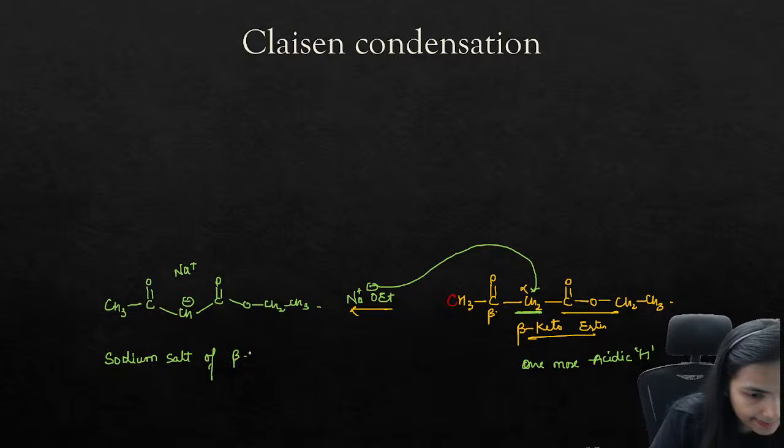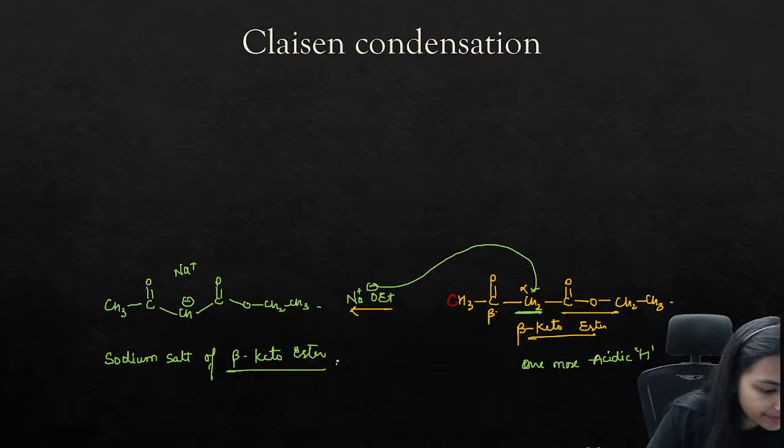Write it down. Clear? How does the sodium salt of beta keto ester form?